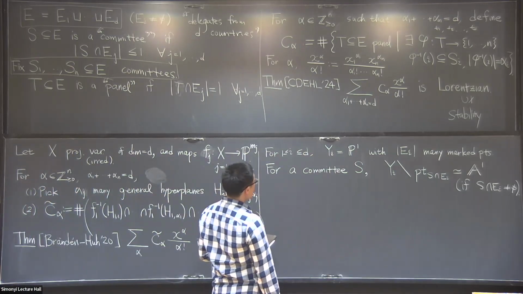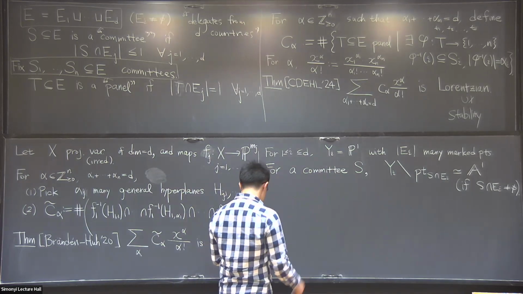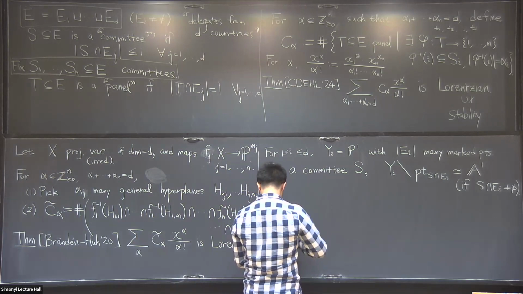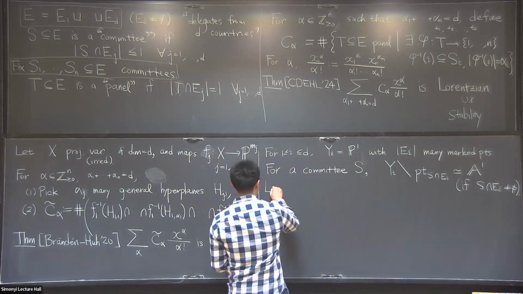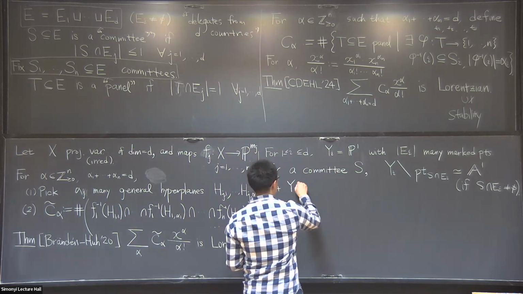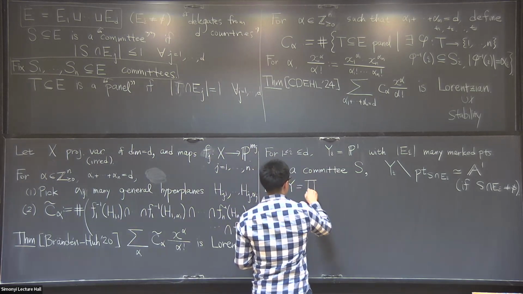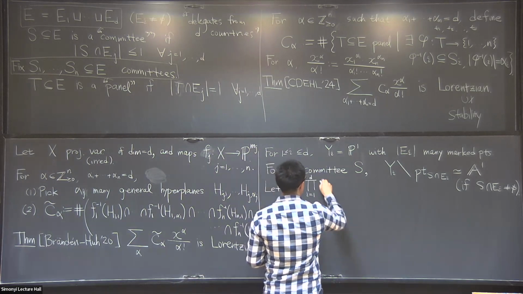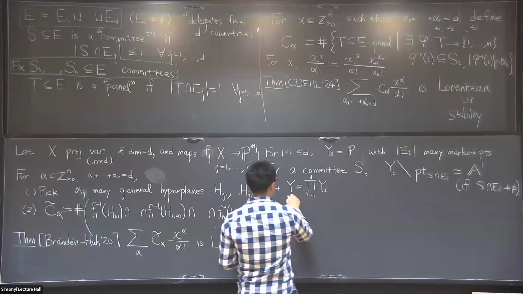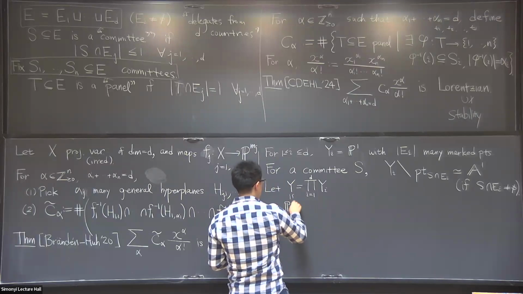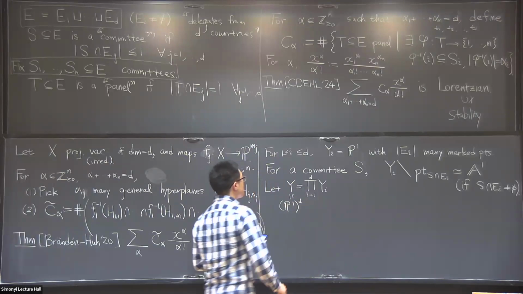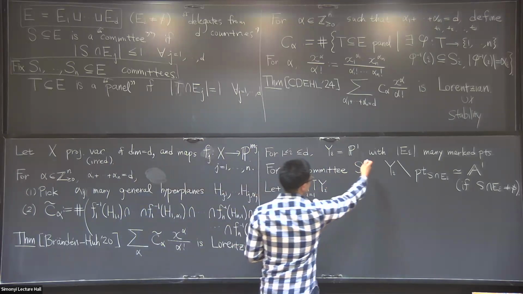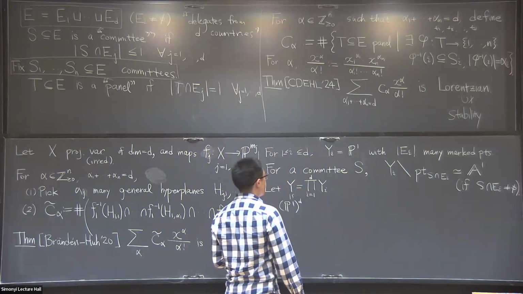Okay, so for each committee, I have a bunch of these A1s. So what should I do now? Let Y be the product over i from 1 to d of Y sub i. This is just P1 to the d, but each P1 has possibly a different number of marked points and so forth.